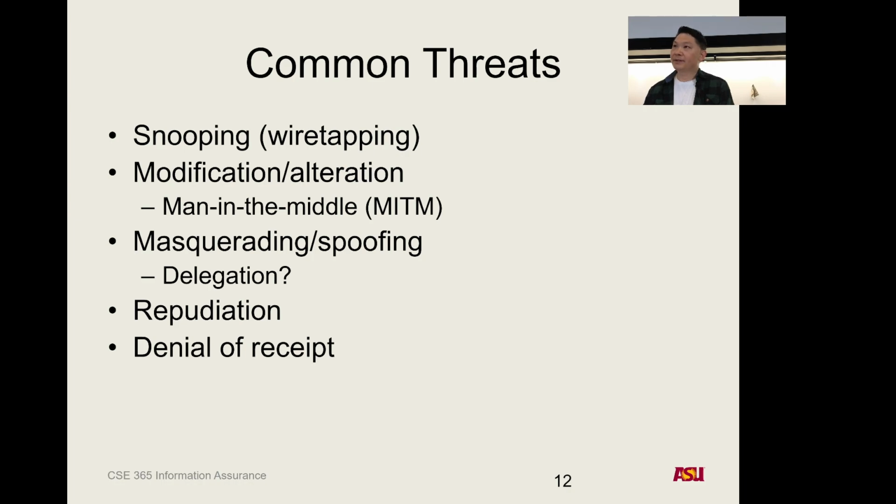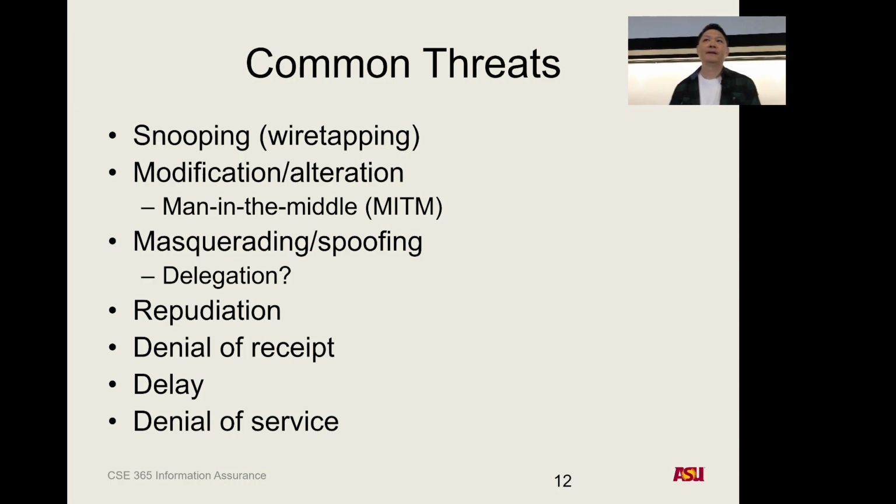What is the denial of receipt? What is the delay? Intentionally slow down the systems. There are disruptions, right? And denial of service. It's kinds of disobedience or disruptions, right?